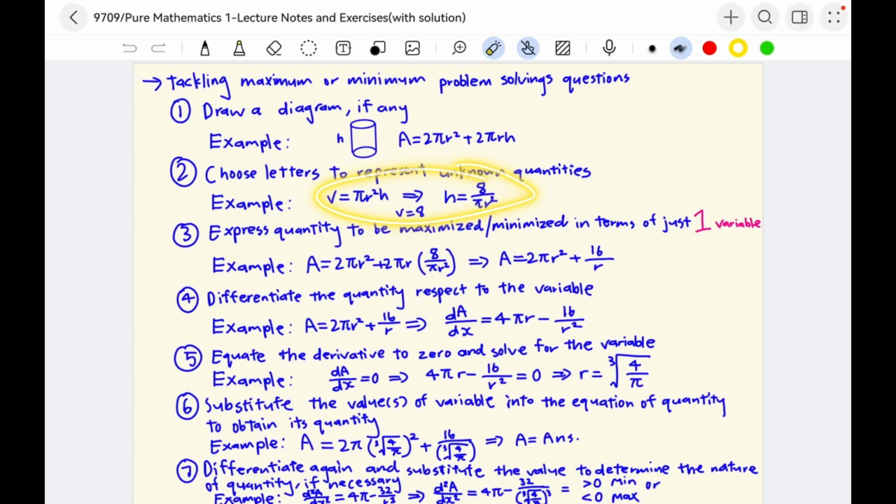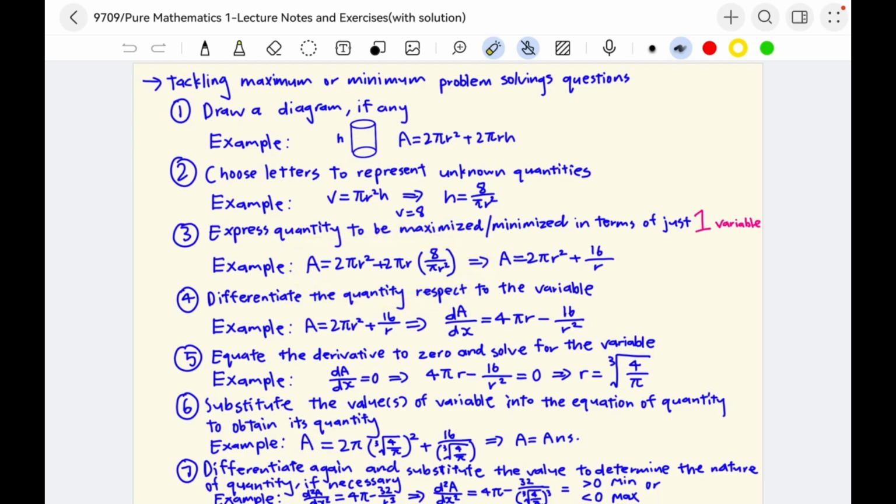I'm not going to explain them one by one. Third, express the quantity to be maximized or minimized in terms of just one variable, like y in terms of x, V in terms of r, V in terms of h, something like that, right?